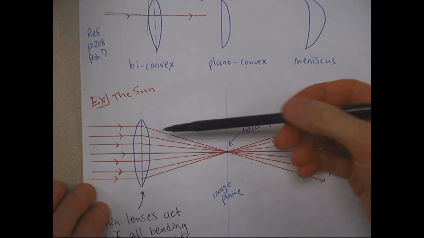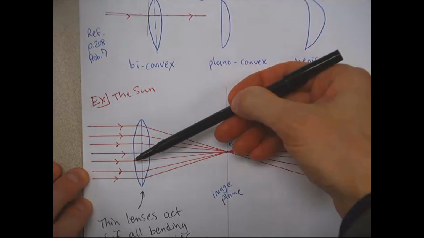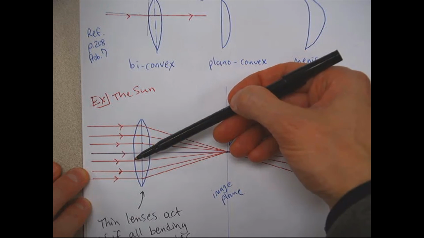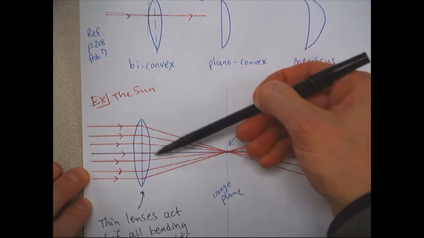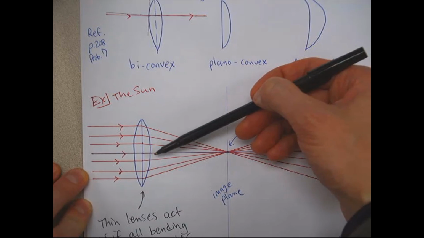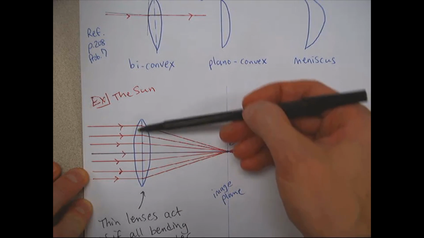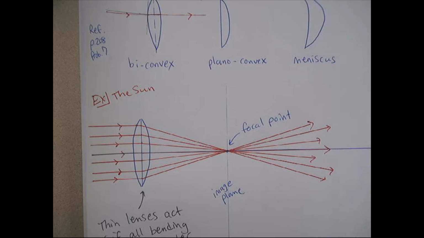So in our diagrams, we will not worry about trying to refract the light once here and then propagate through the glass and then refract again when it hits the air. We're going to model the behavior as if it just bends once right at the center of the lens. In the next video, we'll take a look at principal rays for determining the location of an image.